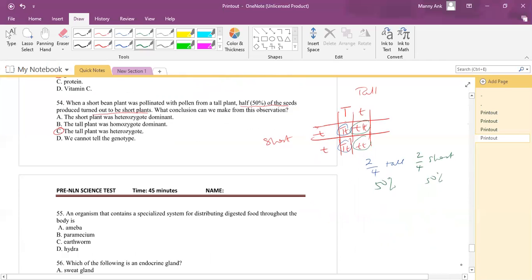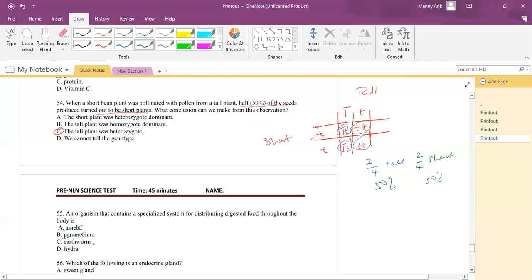55, an organism that contains a specialized system for distributing digested food throughout the body is, okay, so do elimination. Amoeba is a 1-cell organism, protozoa. It doesn't need any specialized system. Paramecium, 1 cell. That also doesn't need any specialized system for distribution.